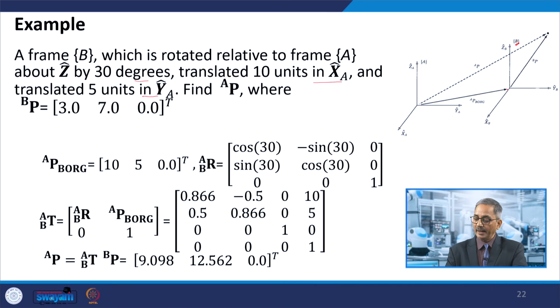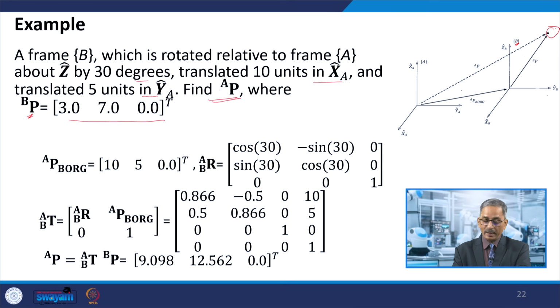So, here XA translation is 10 units and YA translation is 5 units. And you have to find out the description of this point with respect to frame A, whereas the description of this point with respect to frame B is given. Say its x coordinate and y coordinate are 3 and 7 and z is 0.